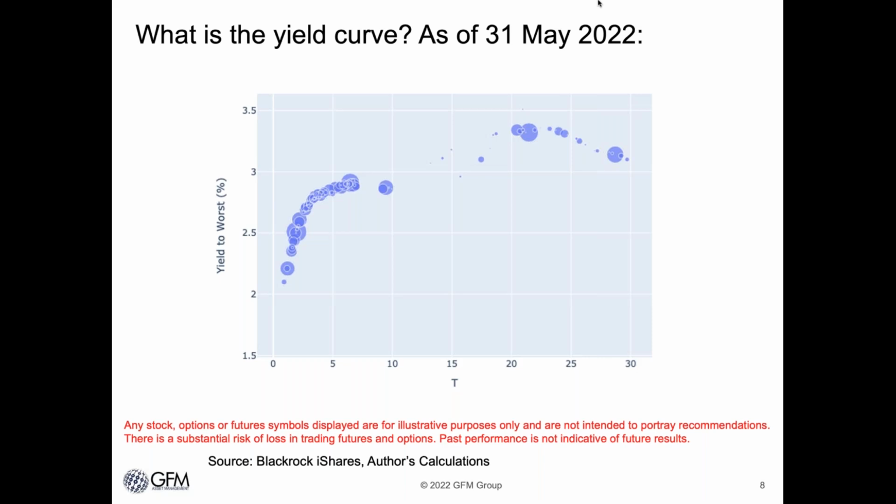And then you think of what is the difference between doing that for 10 years versus doing that for 30 years? How much more do I need to get paid in terms of annual return in order to lock in my rate for 30 years instead of 10? Those are all of the opinions of all the different participants in the market that are really summarized in this one chart when you pull out the yield curve.